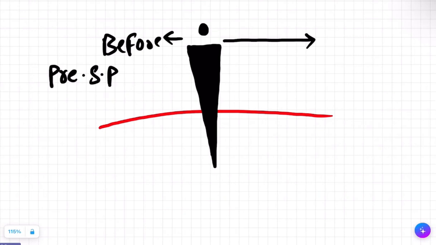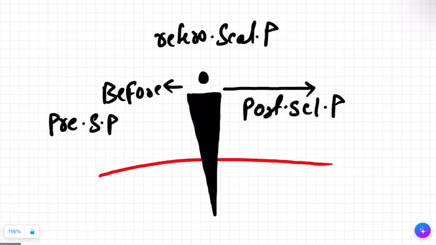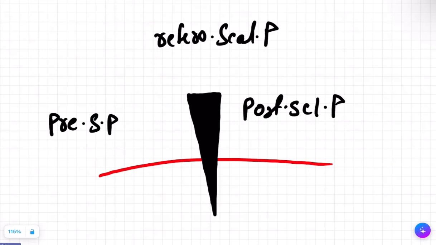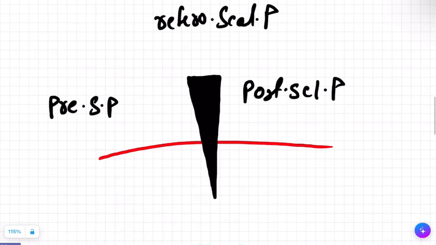The part after is known as the postscalenus part. The part present posteriorly, what do we call posterior? Retro. Retroscalenius part. So our subclavian artery is divided into three parts: prescalenius, retroscalenius, and postscalenius part.